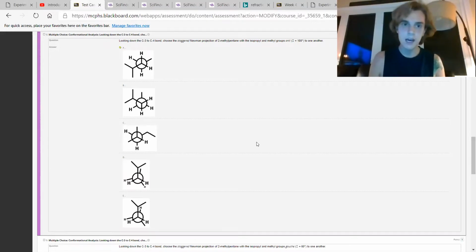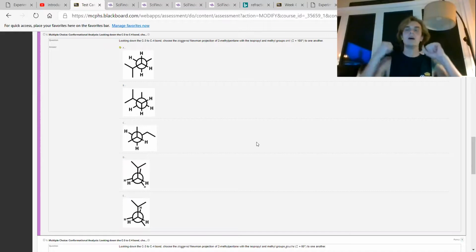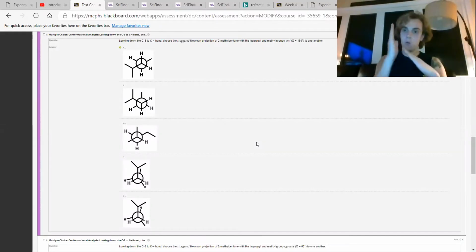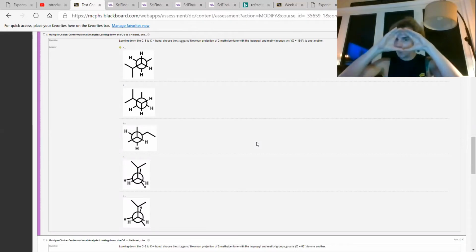However, I will say, when something says look down upon the 3 to 4, what you need to do, ladies and gentlemen, in order to look at a Newman projection, picture the quad or the triangle here that you see as one carbon, and then the circle in the background as another carbon, okay?